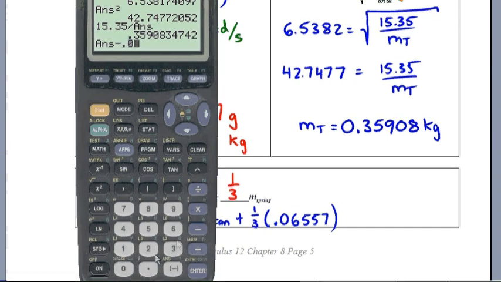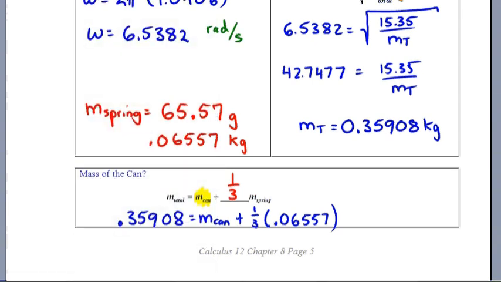So minus 0.06557 divided by 3. Okay, take 1/3 of that. 0.33723. That would be kilograms, or 337.23 grams. Somewhere around there.